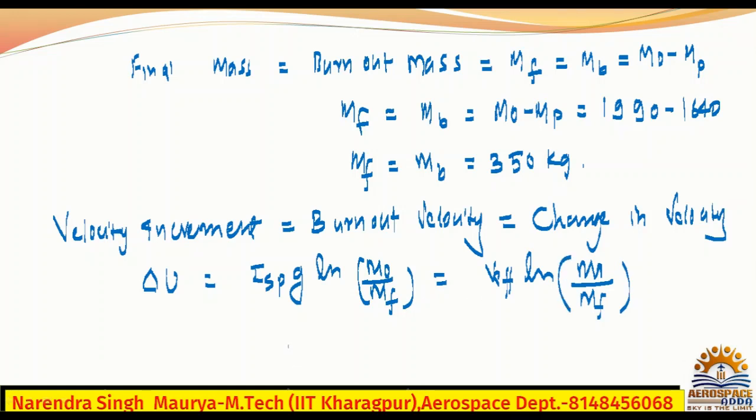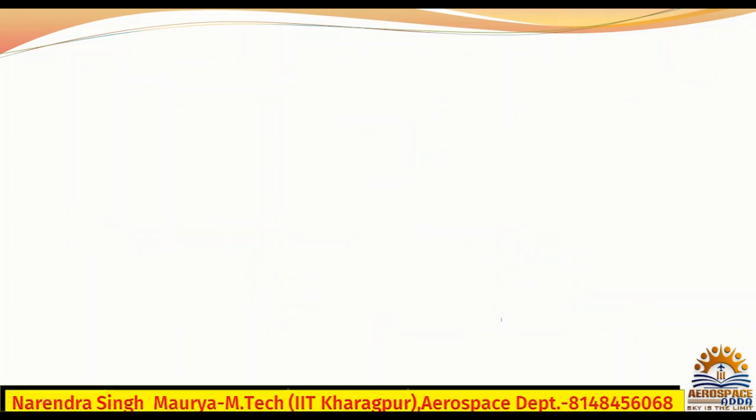I will relate how Isp g is V effective. This should be very clear. What is the Isp? Thrust divided by mass flow rate of propellant into g. What is the thrust? Sorry, mass flow rate of propellant into V effective.